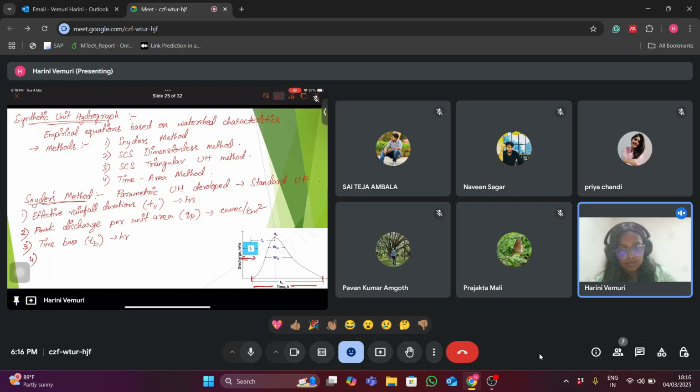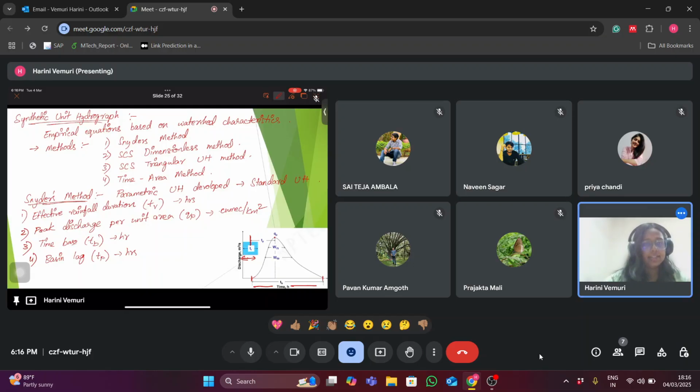And the fourth one is basin lag, TP. This is also in hours. Basin lag generally represents the time interval between the centroid of the excess rainfall, which is the midpoint of the excess rainfall, till the center of mass of the hydrograph.